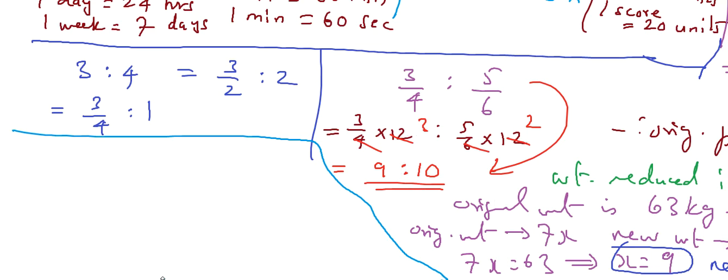Let's say we were asked to divide rupees 300 in the ratio 7:8.